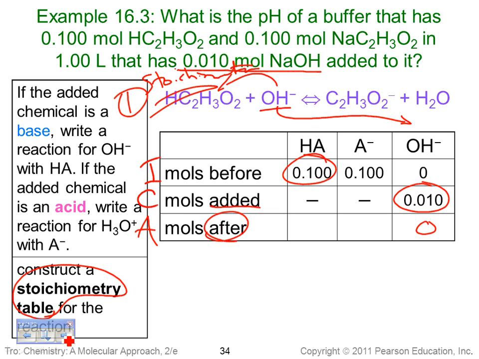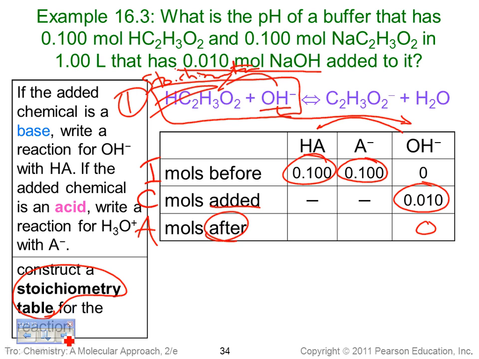Now to the stoichiometry. That 0.01 moles of hydroxide is going to react with the acid and consume some of that acid. And because the stoichiometry is 1:1, 0.01 moles is going to consume 0.01 moles of that weak acid.